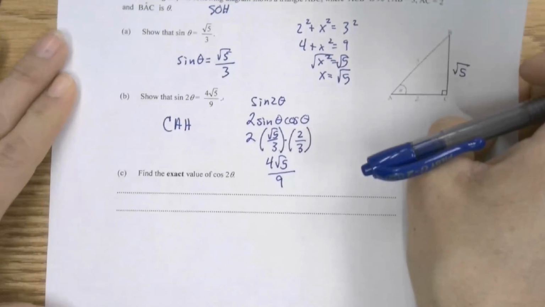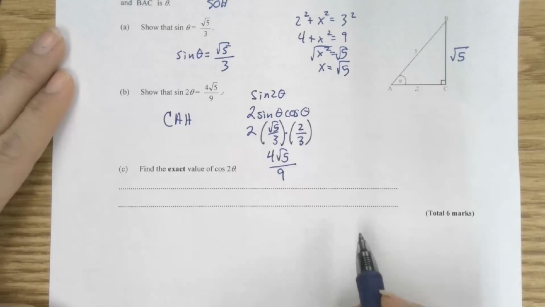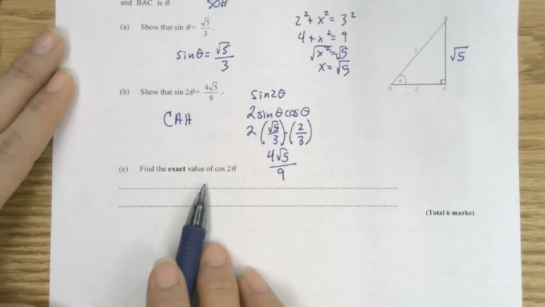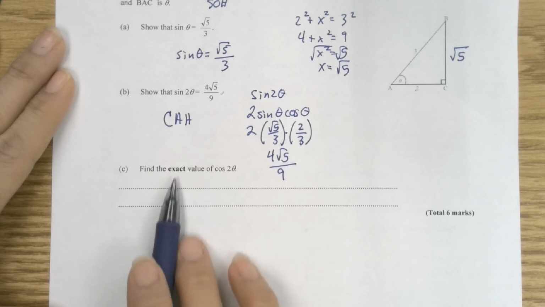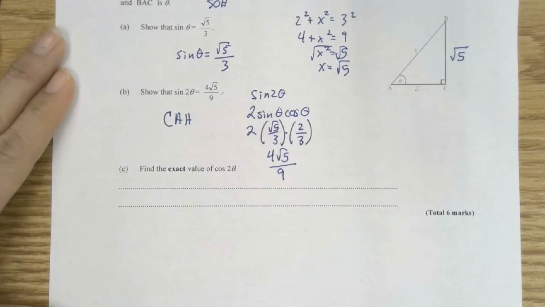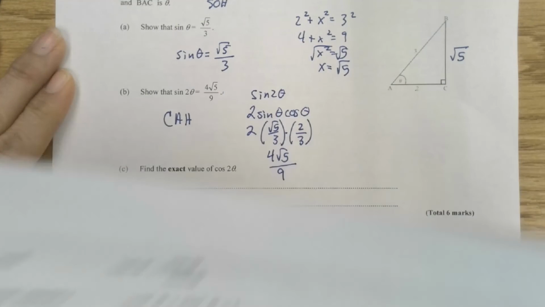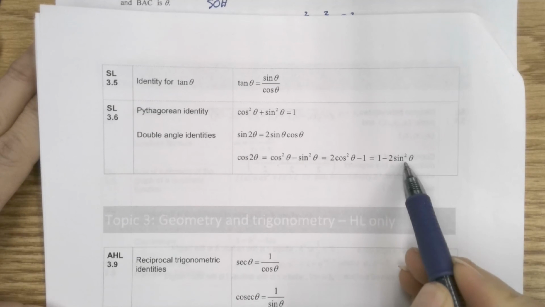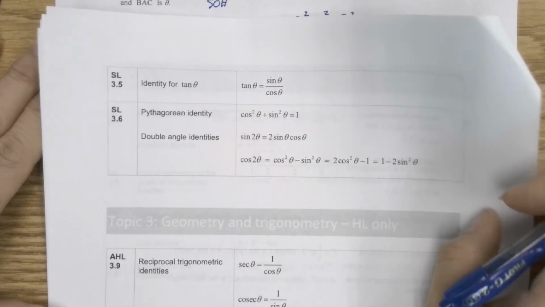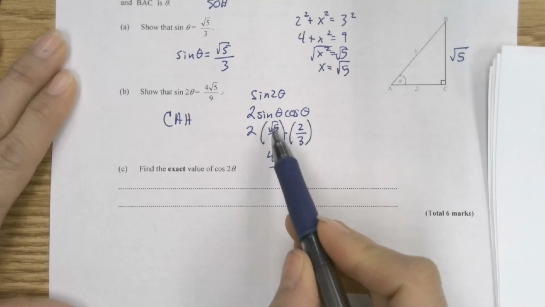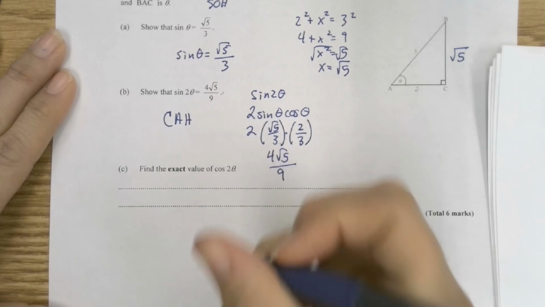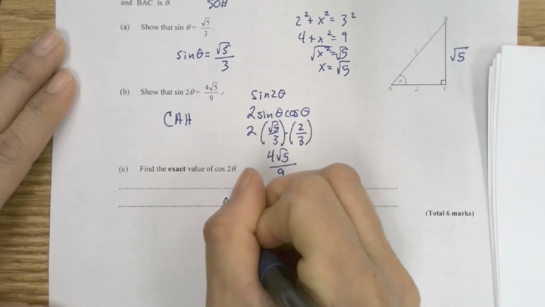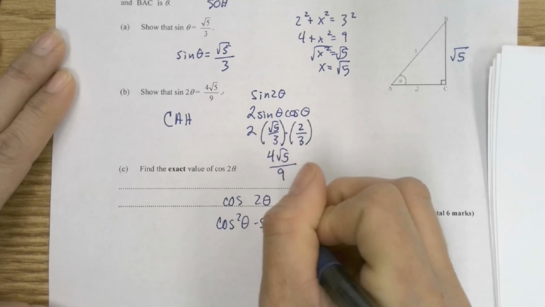Okay, and part C, find the exact value of cosine of 2 theta. If we're finding the exact value, that means they do not want you to approximate that. So I am going to grab one of my double angles again. With the double angle for cosine, you actually have 3 different versions that you can use. It's your choice. We already know what sine and cosine are, so I'm going to rewrite cosine of 2 theta as cosine squared theta minus sine squared theta.